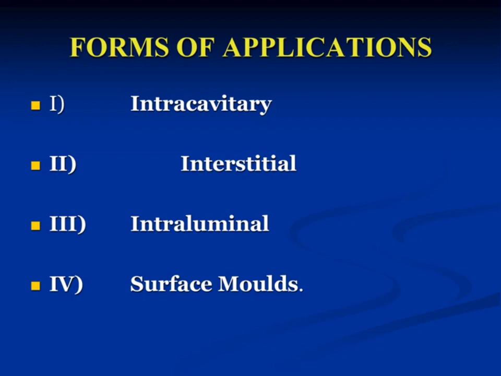Brachytherapy sources are available in different forms till date, in the form of needles, tubes, pellets, seeds, wires, which facilitate their application in the patient. The forms of application of brachytherapy are divided basically into intracavitary, interstitial, intraluminal, and surface molds.